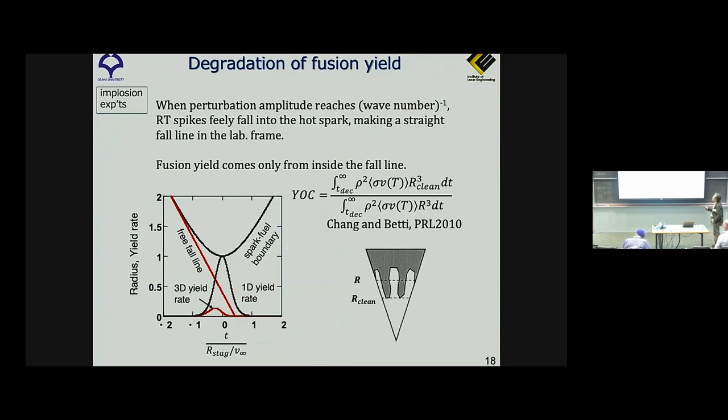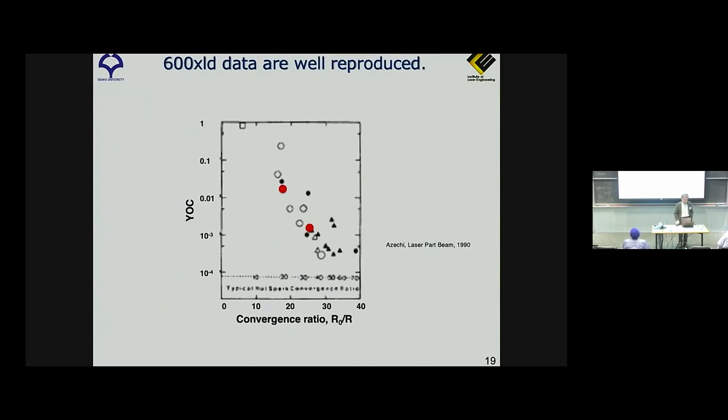So this is again the trajectory of the deceleration phase, and this trajectory is a falling line, and neutron yield or fusion reaction can only occur inside this straight line. That's a model, and this is the final conclusion.